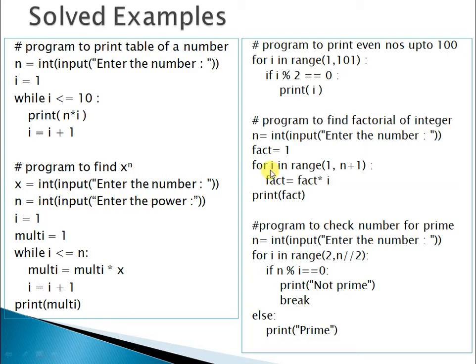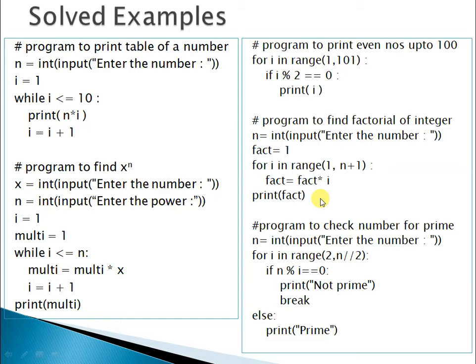But here factorial of n is equal to 1 into 2 into 3 into 4. Every time the value is changing. The changing value can only be the loop variable, because it is the only changing value. That's why it becomes fact is equal to fact into I. And after the termination of this entire loop, you will print the value of fact, which will give you the factorial of that number.